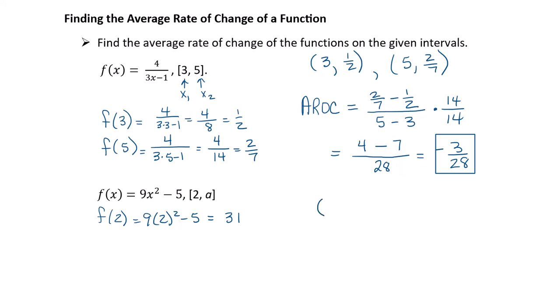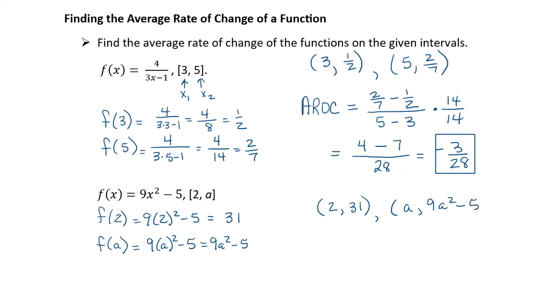So my first point is 2, 31. And then f of a is 9 times a squared minus 5. It doesn't really simplify, it's just 9a squared minus 5.